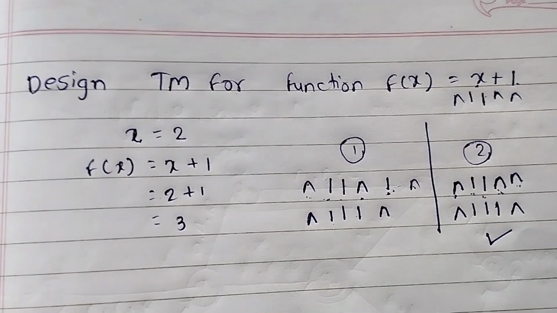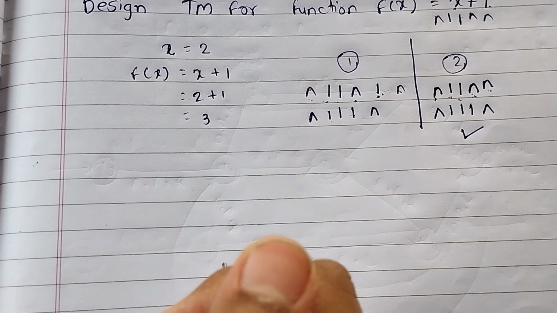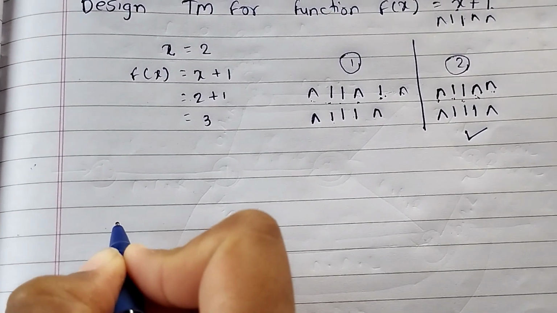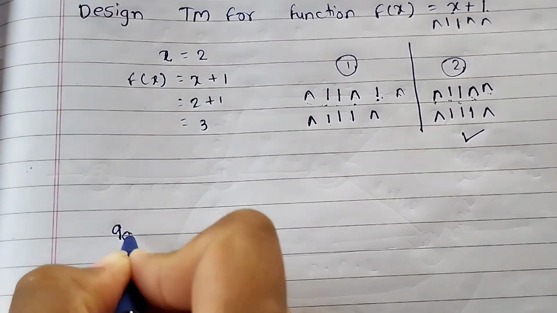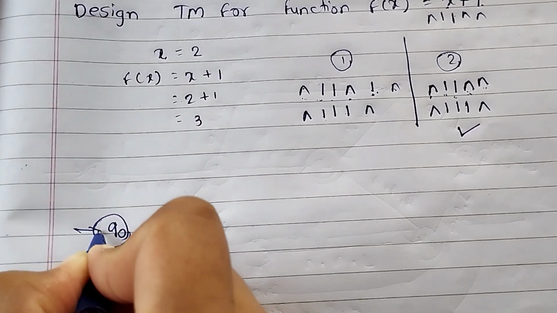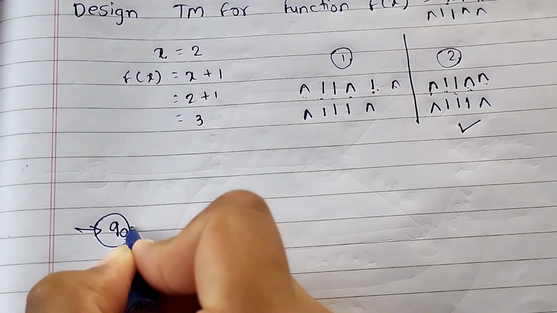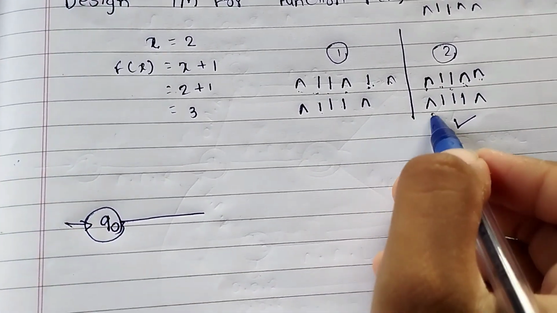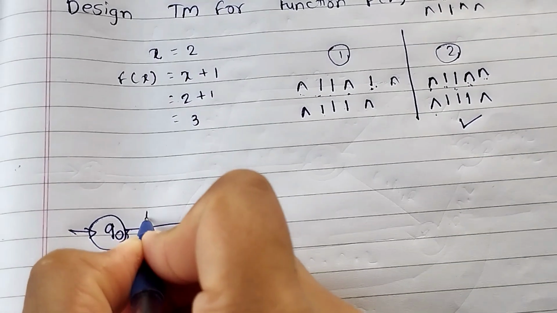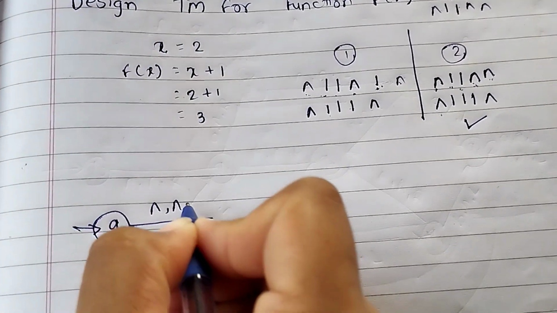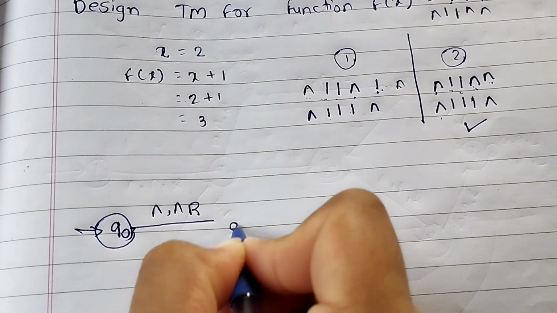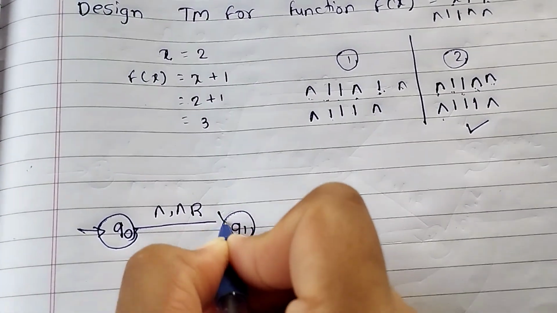So we start to draw this. At the initial state, the Q0 state, what do we first read? Null value. So keep this null as it is and move to the right, and we reach the Q1 state.